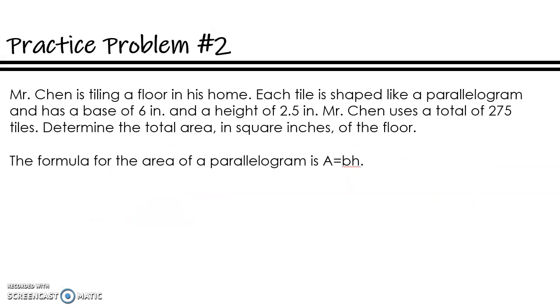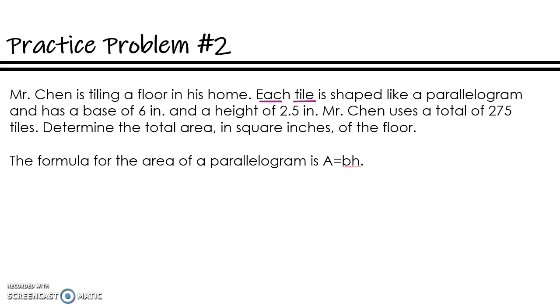Okay, again, pause this video and try this one on your own. Okay, this says Mr. Chen is tiling a floor in his home. Each tile is shaped like a parallelogram and has a base of 6 inches and a height of 2.5 inches. So that's each tile. So he's going to be putting a lot of those on his floor.